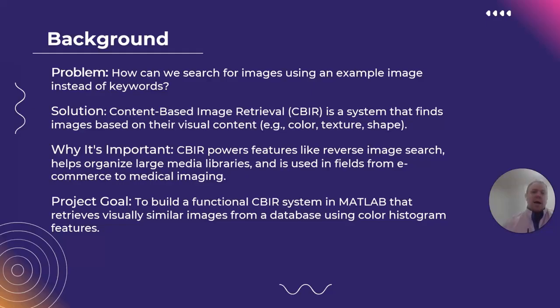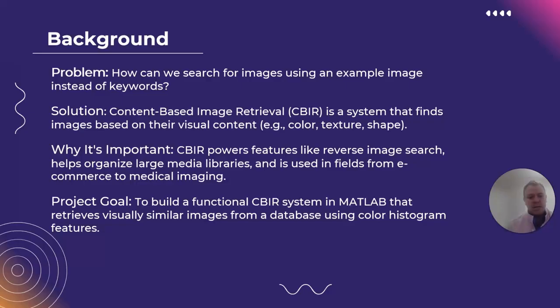So some background. How can we search for images using an example image instead of keywords? The solution, content-based image retrieval, CBIR, is a system that finds images based on their visual content, color, texture, shape, rather than keywords.